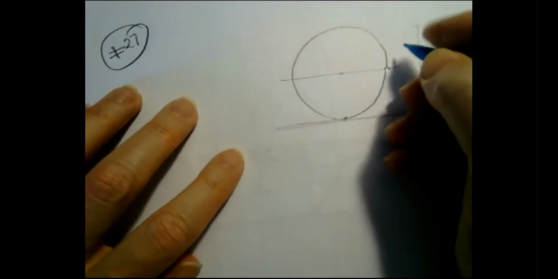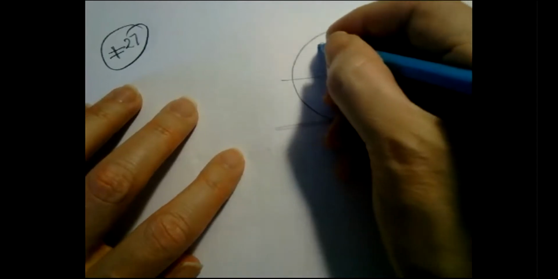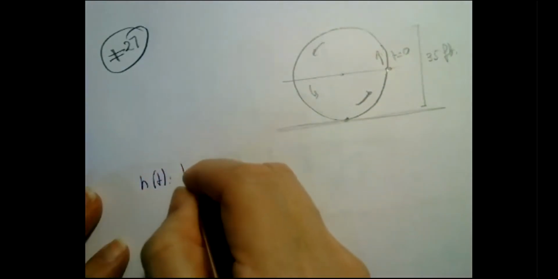At t equal to 0, you are in the 3 o'clock position. So we are right here at t equal to 0, and we are ascending. It takes us 5 minutes to go around the Ferris wheel. And the problem is, let h of t be the height above ground after t minutes.